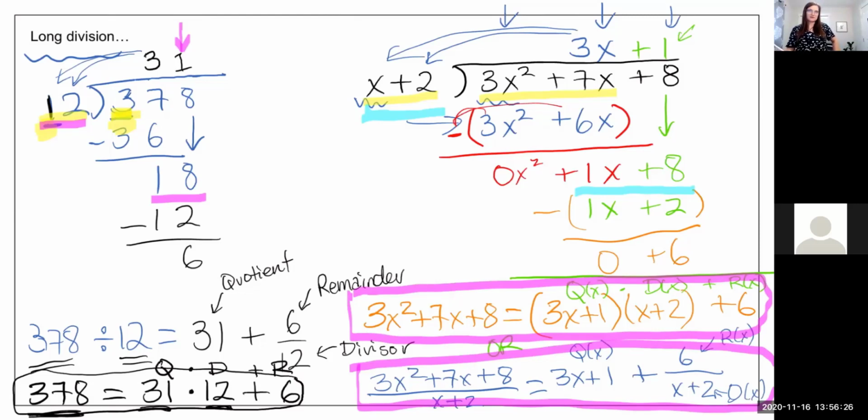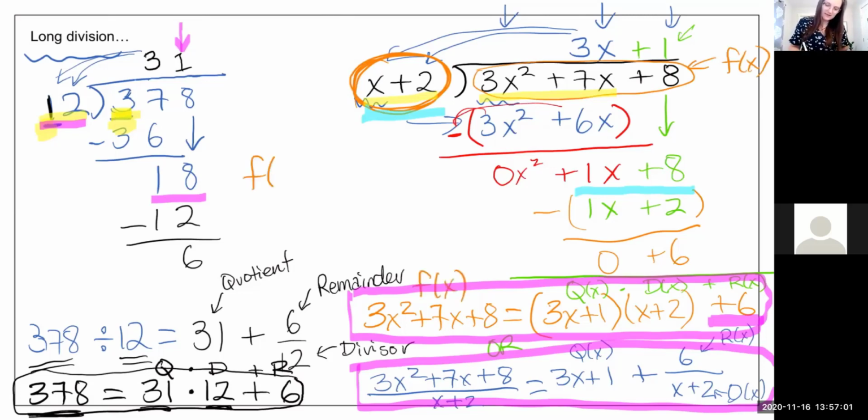This first one really helps you see that that remainder is left when you put in the opposite of what you're dividing by. So if you're dividing by x plus 2, and this is my f of x, then if I put a negative 2 in, what am I going to get?